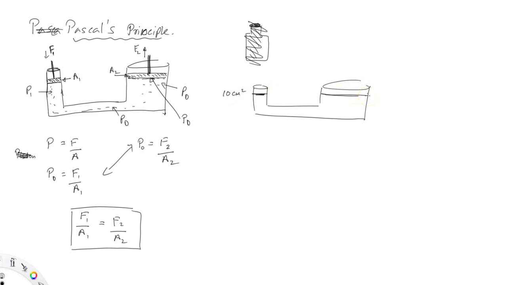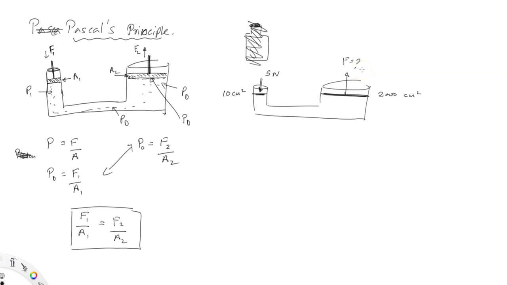This side here we have a larger piston, so the area is, let's say, 2000 centimeters squared. Okay, so we're going to push down on this side with a force of, let's say, 5 newtons. We know that this piston is going to go up. The question is, how much force can we get out from this side?